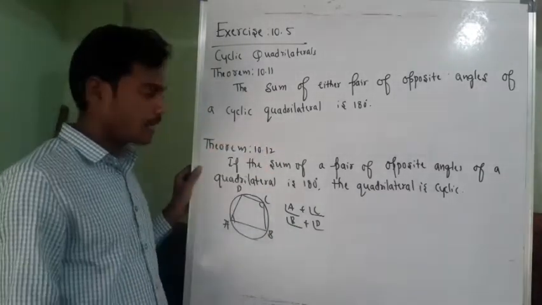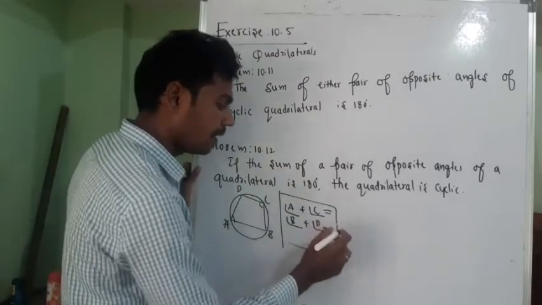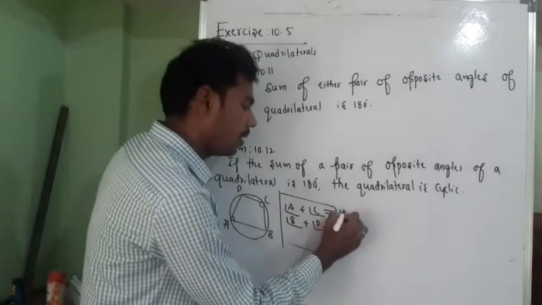We call them cyclic quadrilaterals. You are going to find one thing: if it is error proof, you will find them as 180 degrees.